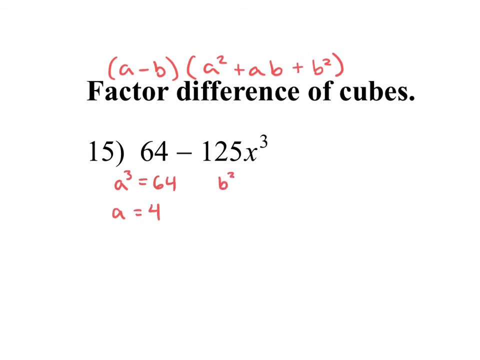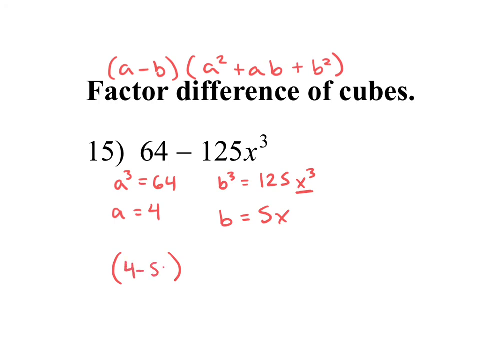And if b cubed is equal to 125x cubed, what's b equal to? Five, and then what about that x? 5x. So then we have to write it a minus b. So how do we write a minus b?